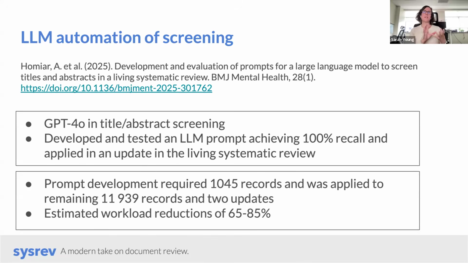So in other words, the prompt was able to identify 100% of the records that humans had identified as eligible for the review. They were then able to use this prompt on the remaining 12,000 records, two updates, again, showing very significant time savings. So just a nice example. There are probably other good examples out there, but this is one that I've leaned on quite a bit.